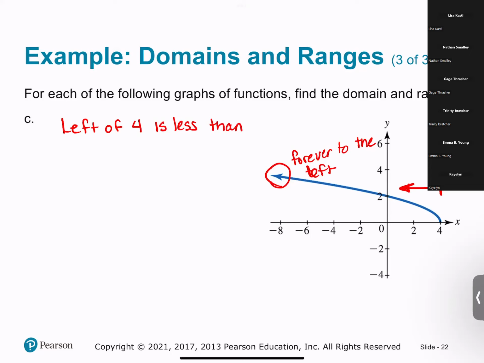Correct? Anything to the left would be less than. So anything to the left of 4, we're going to use a less than symbol, and I'm going to use less than or equal to because that is a solid dot. So we're going to use equality because it's a solid dot.